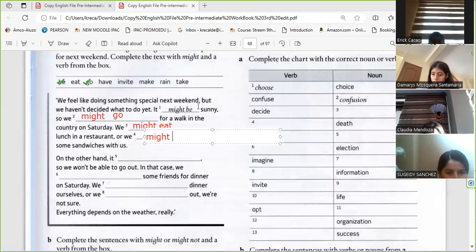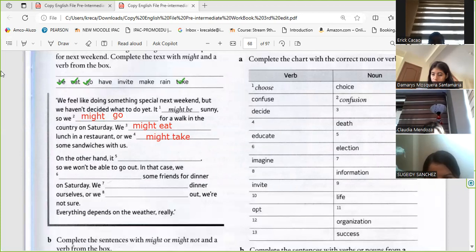I'm not sure. Or I don't know, take. Might take. Good, thank you. Let's continue. So we have already used take. We have already used eat. Okay, good. Let's continue the other one, Claudita.